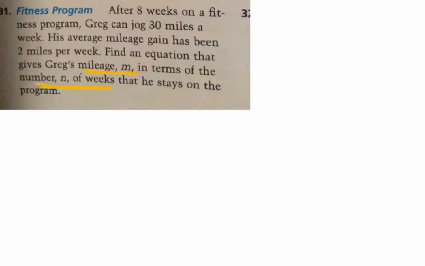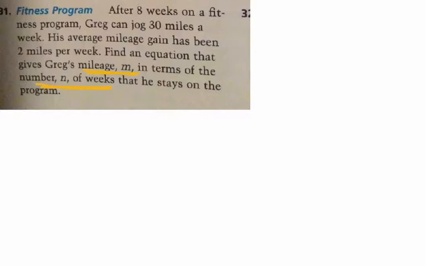So for instance, when I say the number of miles he runs depends on the number of weeks that he's been in the program, that makes sense because the longer you're in a fitness program, you're going to develop more fitness, more strength, more stamina, and you're going to be able to run more miles. If I switch that around and I say the number of weeks he's in the program depends on how many miles he runs, that doesn't actually make any sense.